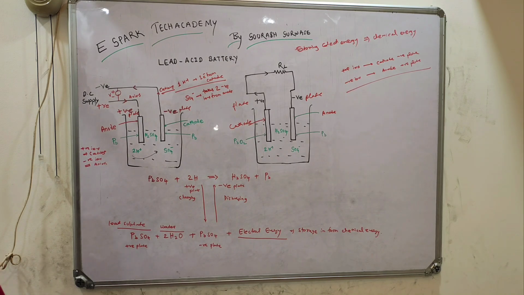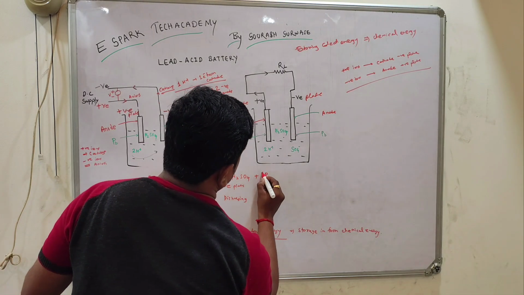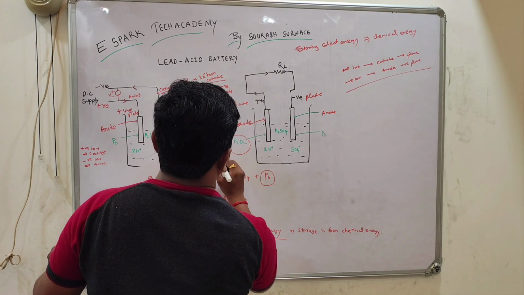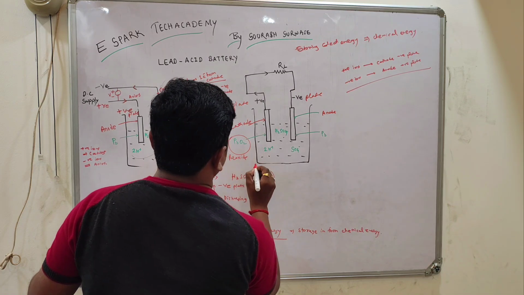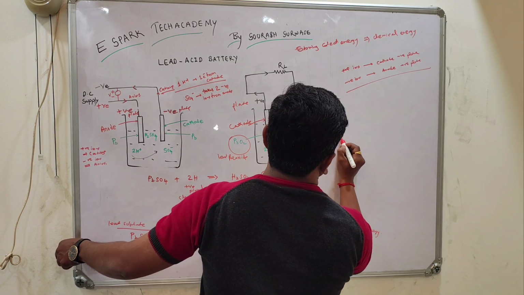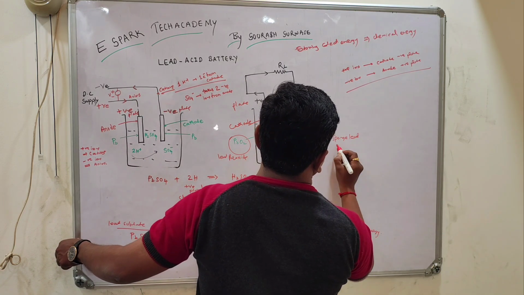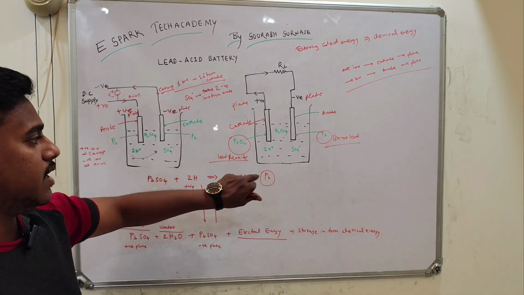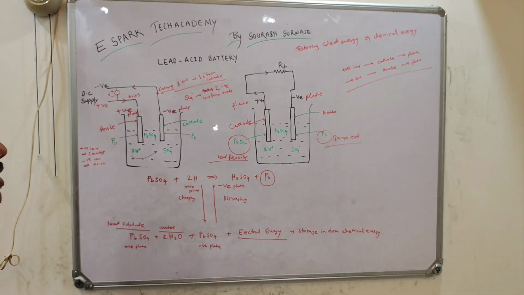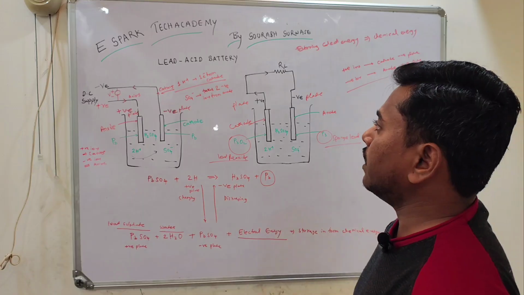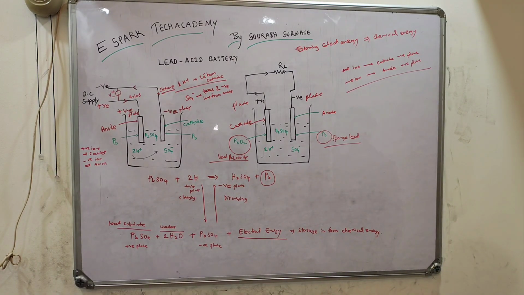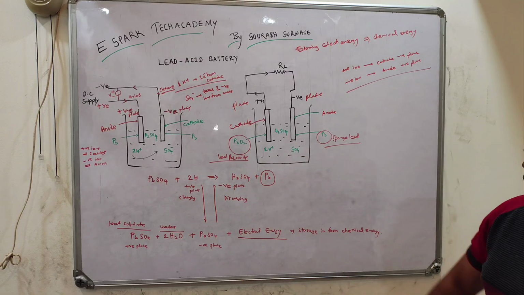The battery which uses spongy lead and lead peroxide, this is lead peroxide and this is spongy lead, for storage of electrical energy in the form of chemical energy, this battery is a lead acid battery, and it uses the electrolyte solution H2SO4.